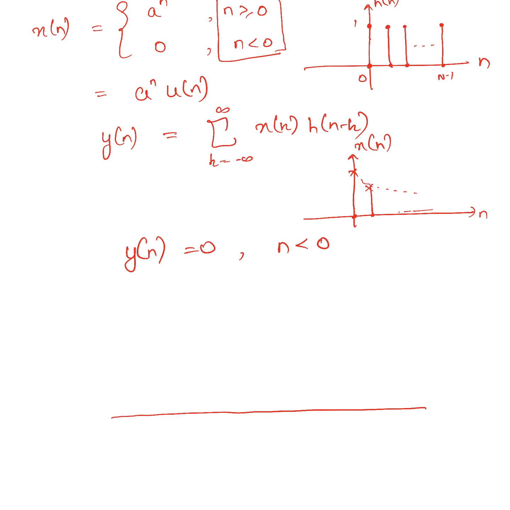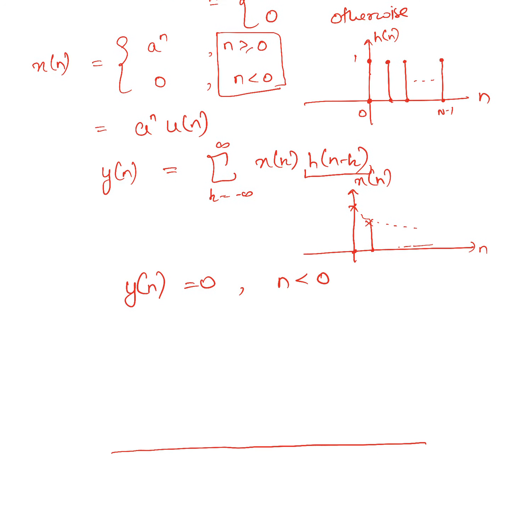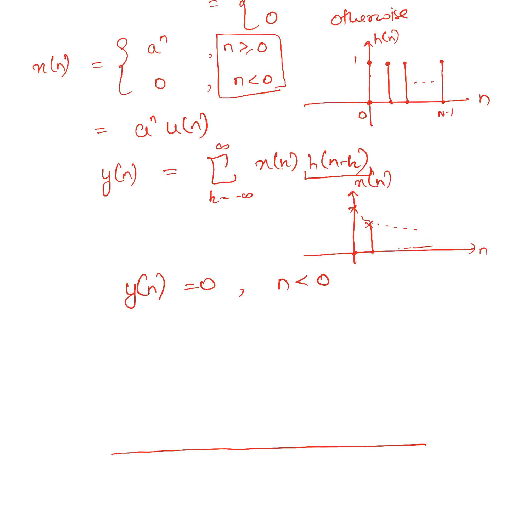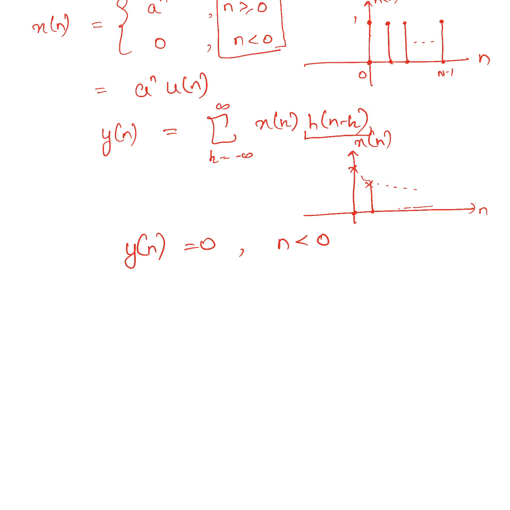So to visualize on the same graph, we need to first compute this h of n minus k from your h of n. So from h of n, first of all, I need to do the time reversal by changing the time from n to minus n, and then replace it by n minus k, or shift the sequence by some samples.